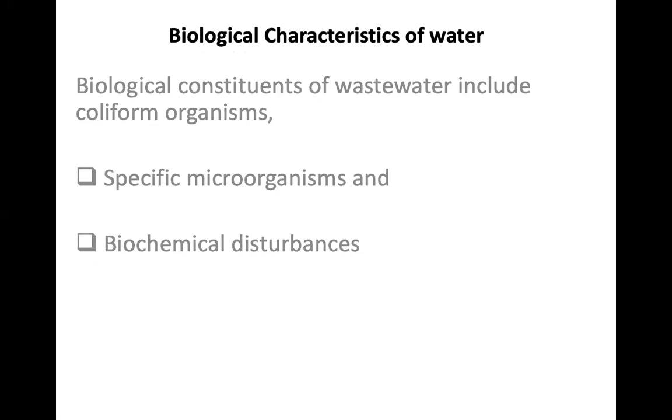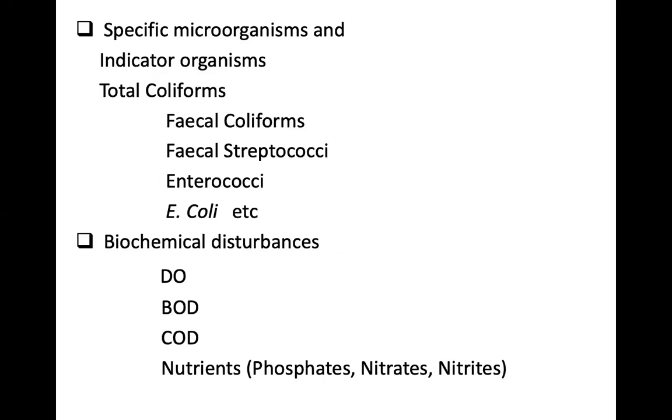How do we determine biological characteristics of water? In biological characteristics of water, we're looking at two main attributes. We're looking at the specific microorganisms present and the biochemical substances or disturbances that may occur. And this can give an indication of pollution of water. Let's look at specific microorganisms.